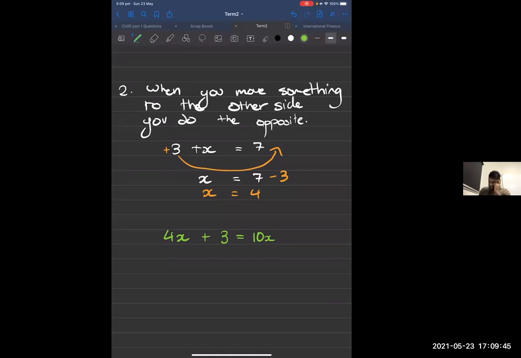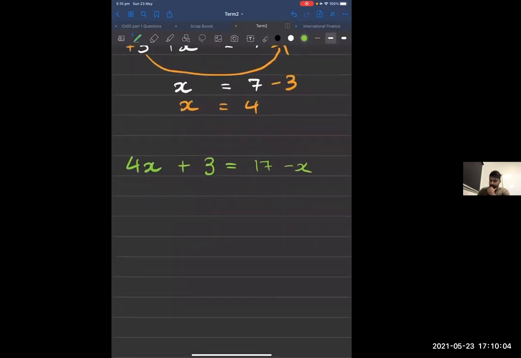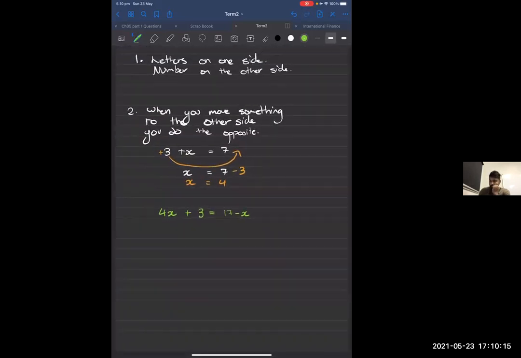Okay, 10x. All right, so here's my equation. I'll give you guys 2 minutes to do this equation, and we'll go through it after that. There you go. 4x plus 3 is equal to 17 minus x. So remember the 2 rules.